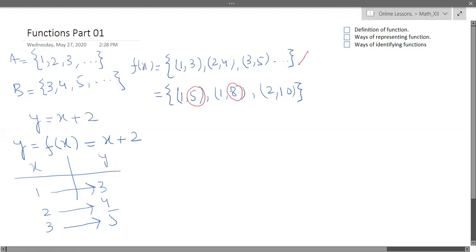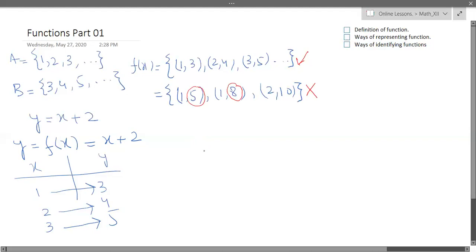So the earlier one is a function, and this one is not a function. So you will be given ordered pairs to identify whether the given set of ordered pairs is a function or not.